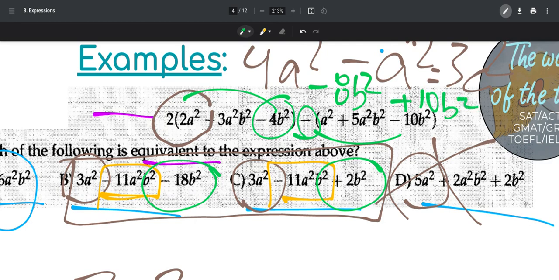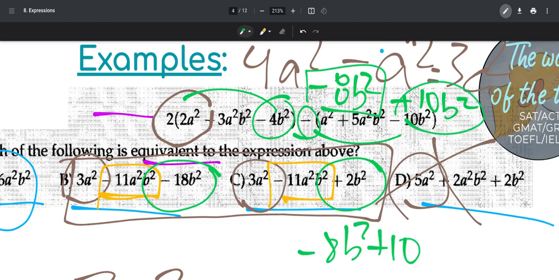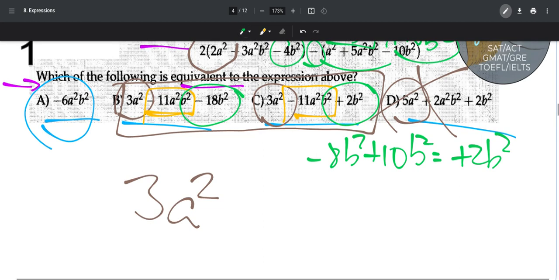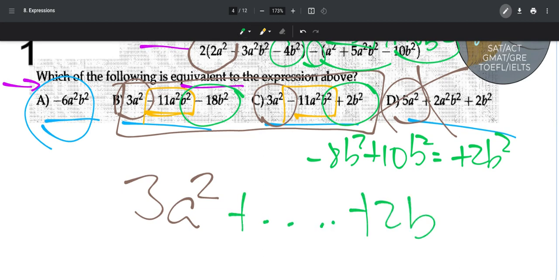So I end up having negative 8b squared plus 10b squared, that gives me positive 2b squared. So it's going to be 3a squared plus something something plus 2b squared, and then I see the difference between B and C, so C is the one that has the 2b squared, so I choose letter C.